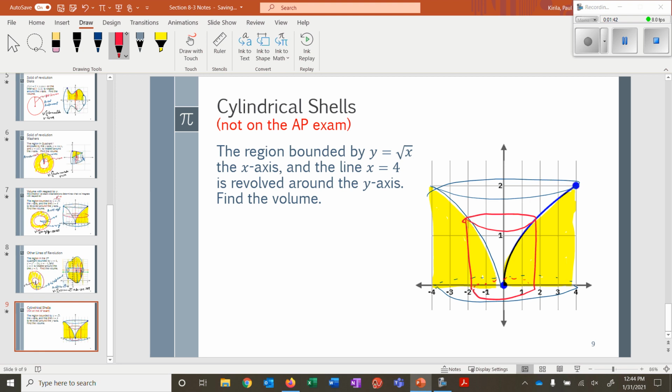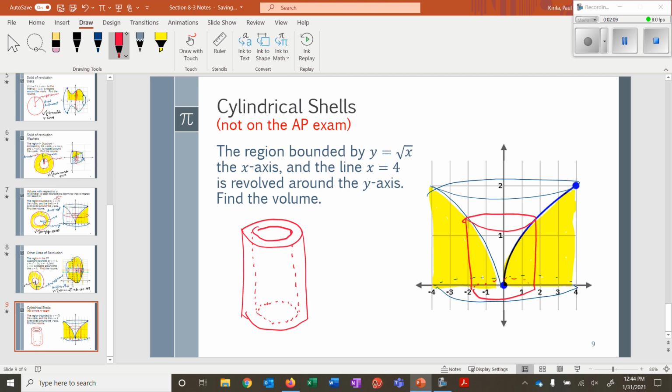from this solid. Now, a cylindrical shell is like a cylinder, but it's hollow. So I've got this thin-walled can, almost like. So it's a cylinder that's empty inside.